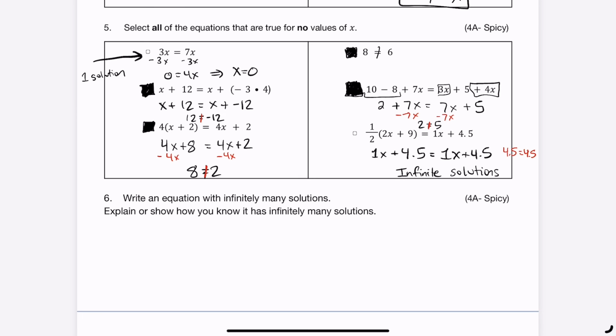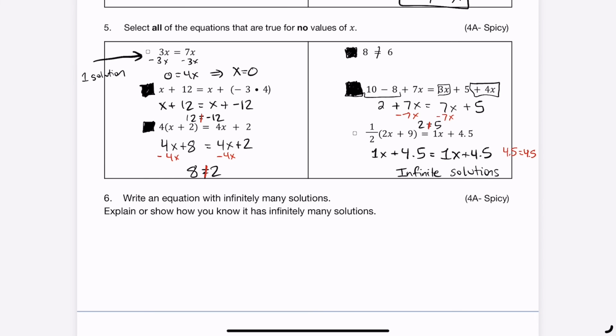Okay, and on that point of being always true, question 6 says, write an equation with infinitely many solutions. Explain or show how you know it has infinitely many solutions. So we have infinitely many solutions if we basically have two equivalent expressions that are equal to each other. So we're talking about the exact same thing. Okay, so in this case, you can just make anything up you want.